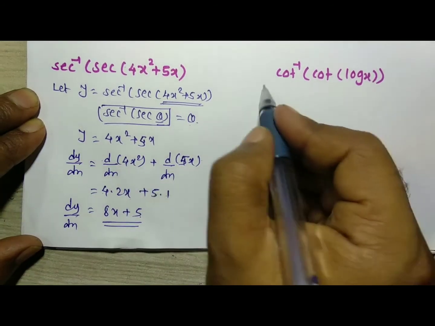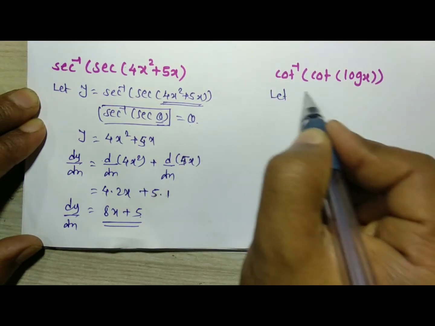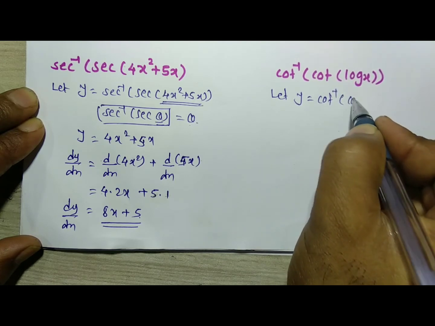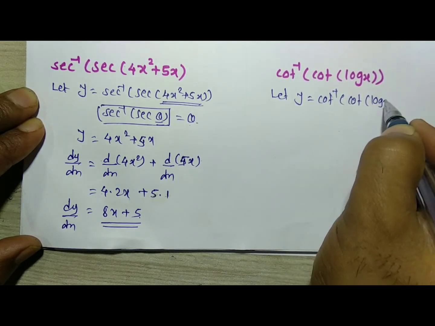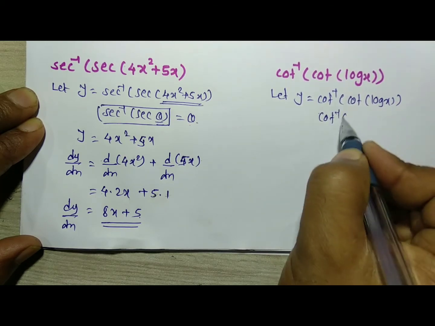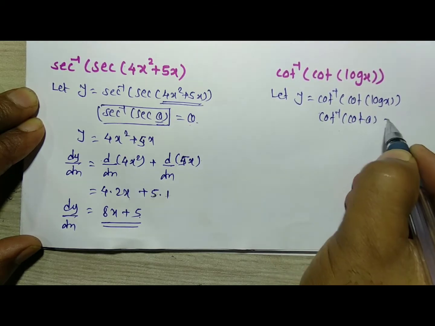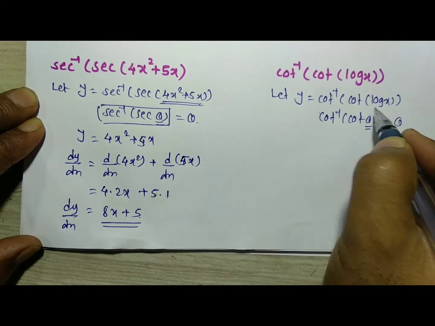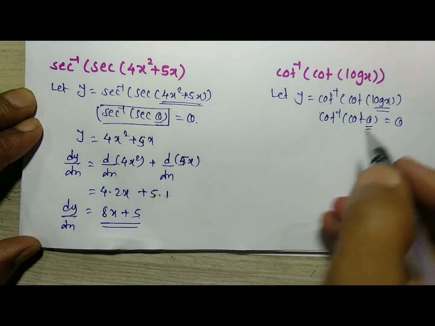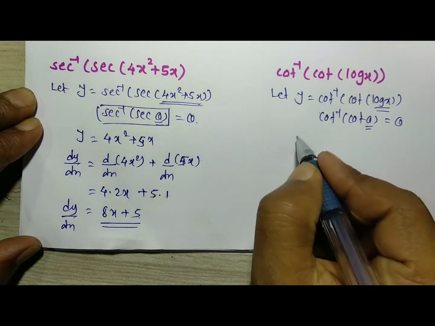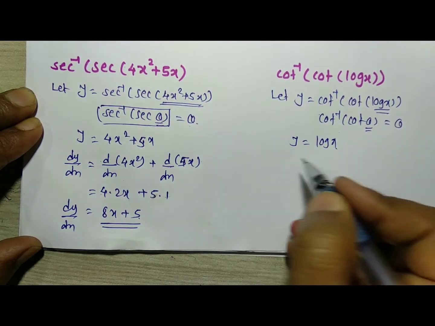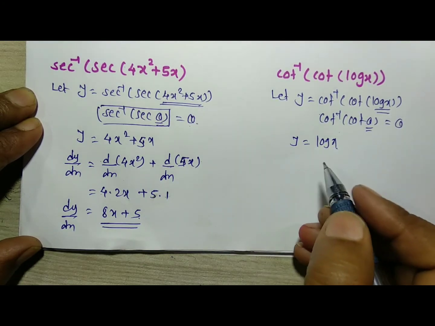This is an inverse trigonometric function. Similarly, you can find the derivative this way. y is equal to cot inverse cot log x. That means once again it is compared with cot inverse cot theta, which is equal to theta, and this theta is nothing but log x. Therefore y is equal to log x, and once again y is a function of x, therefore the derivative of y with respect to x is taken here.